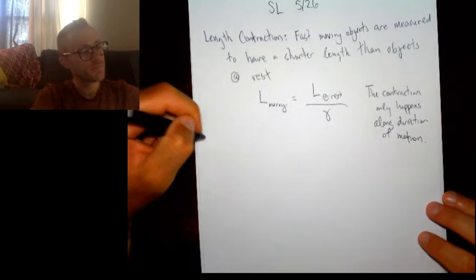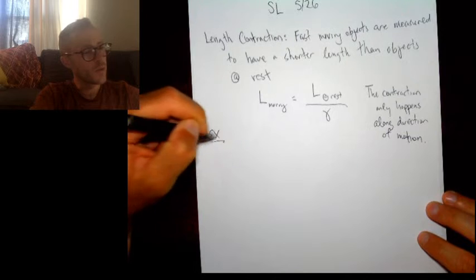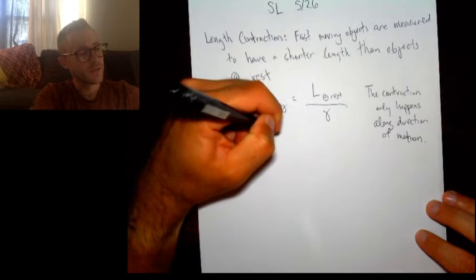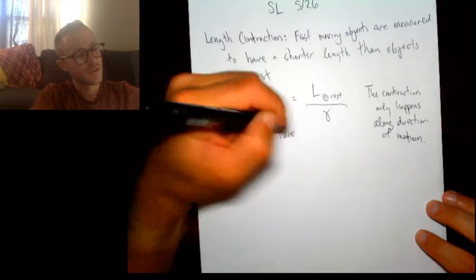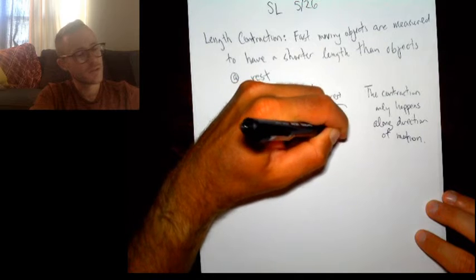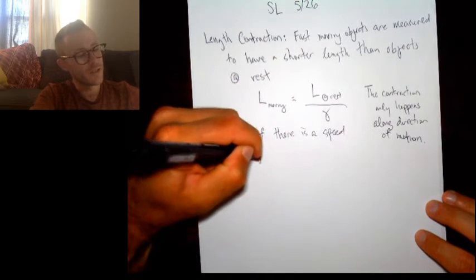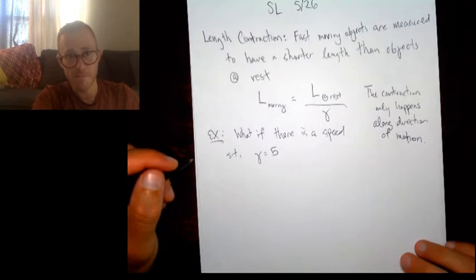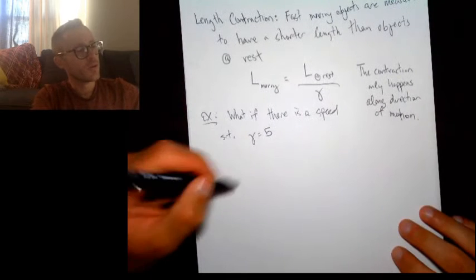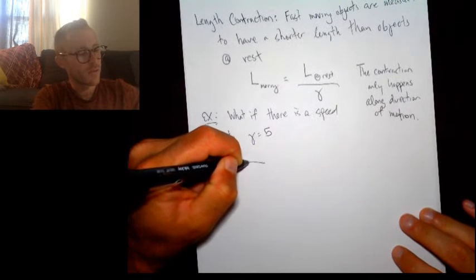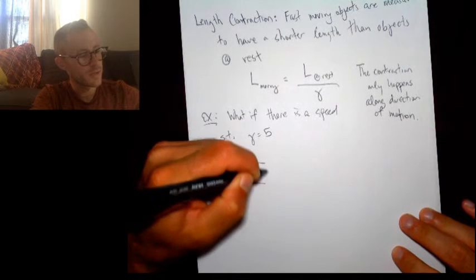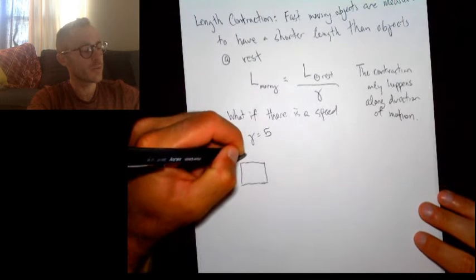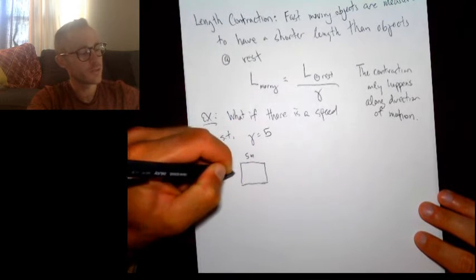For example, let's do an example. What if there is a speed such that gamma equaled 5? So what if gamma equals 5? All right. So what if I have a rectangular plate? And what if the rectangular plate is 5 meters by 3 meters?